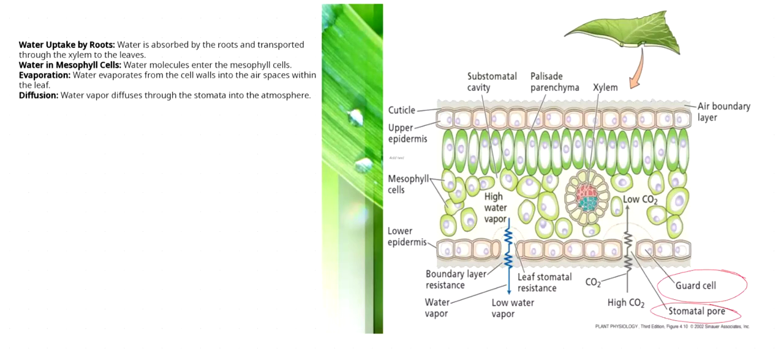So there is a high water vapor concentration here. So in the mesophyll cells, when the water vapors, in other words, are high as compared to the outside, the water vapors diffuse out from high water vapor concentration to low water vapor concentration.